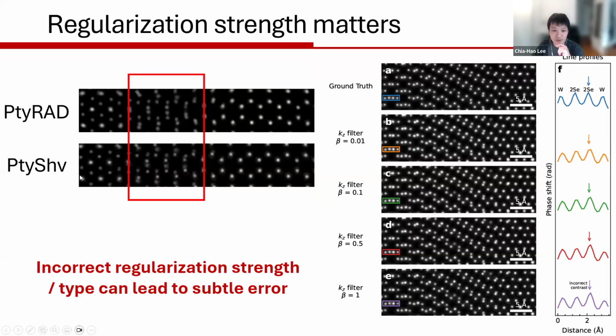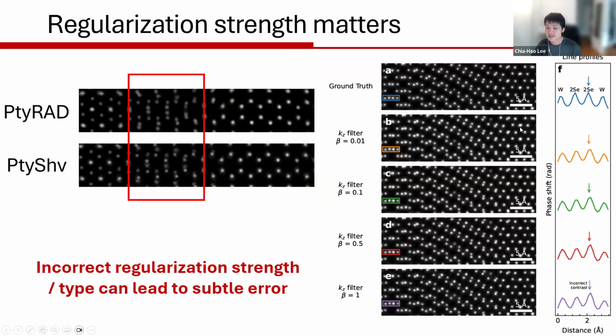In this reconstruction, you can see that it misreconstructed the whole thing by having one hexagon look brighter than the other. That is just not physical, because we actually have a transition metal dichalcogenide. So having an incorrect regularization strength can mess up your atomic contrast in a very subtle way.